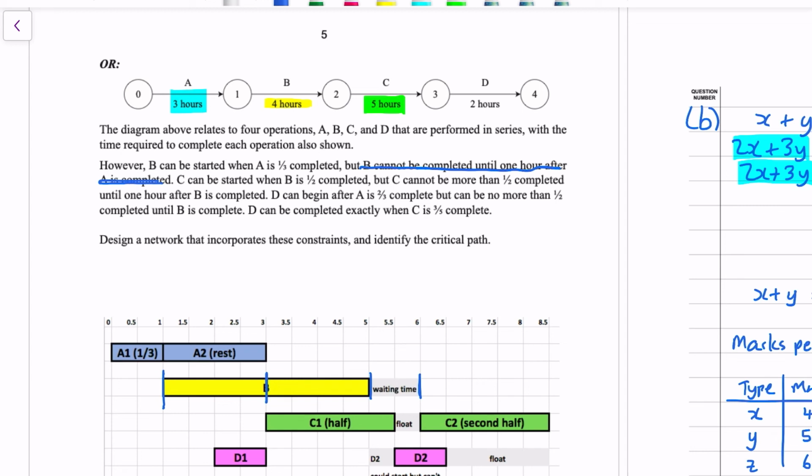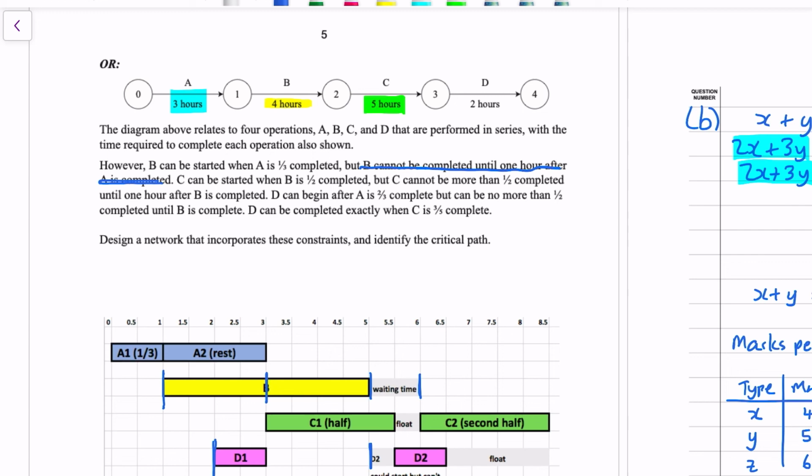And then D can begin after A is 2/3 complete. So if A is a 3-hour duration, then D can start at 2. But it can be no more than a half completed until B is complete. So when B is complete at 5, D2 could start there. However, it can only be completed exactly when C is 3/5 complete.